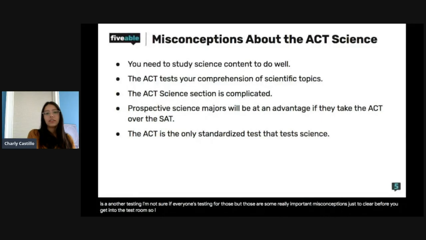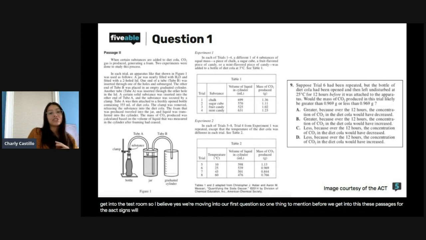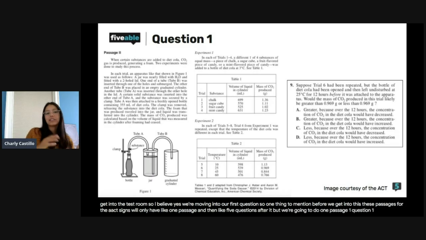So I believe, yes, we're moving into our first question. One thing to mention before we get into this: these passages for the ACT Science will typically have one passage and then like 5 questions after it. But we're going to do one passage, one question, one passage, one question.